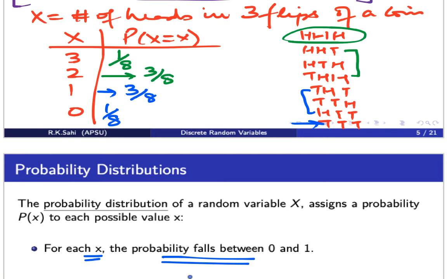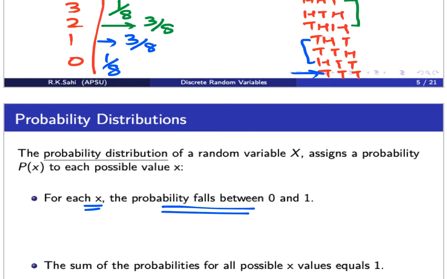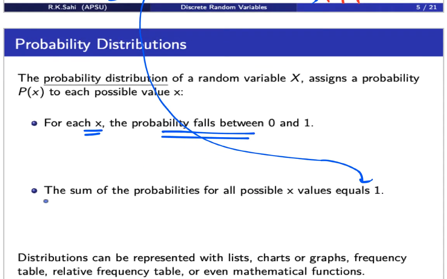The other part, which is very true, is that the sum of the probabilities of all possible values, basically you're looking at the whole sample space, is 1. So basically add these to 1. Let me write it down in the proper notation.